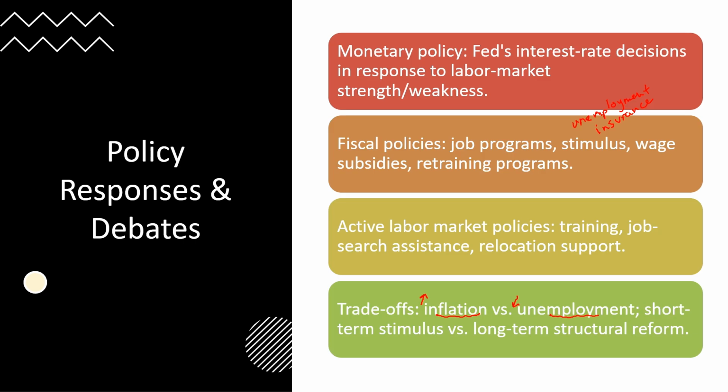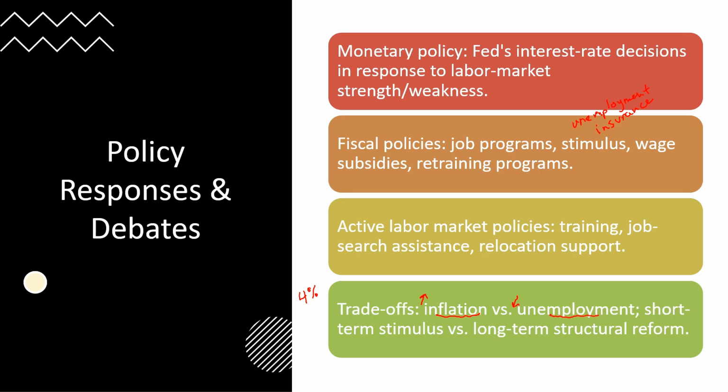This is why I said earlier that 4% was usually the benchmark where the government and the Federal Reserve are very happy. But if it falls below 4%, then that could trigger inflation.